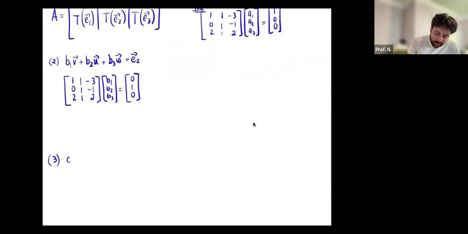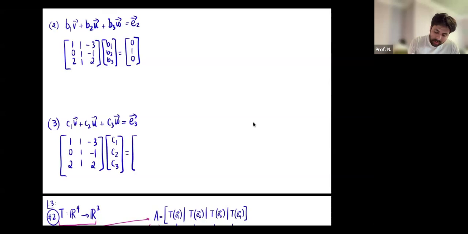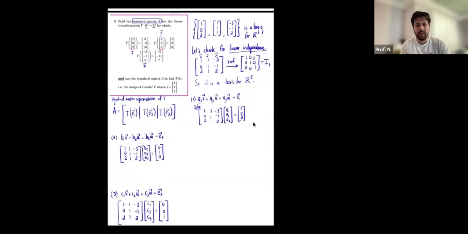Then C1 V plus C2 U plus C3 W equals E3. In other words, the same matrix times C1, C2, C3 equals 0, 0, 1. You guys see what I am doing so far?